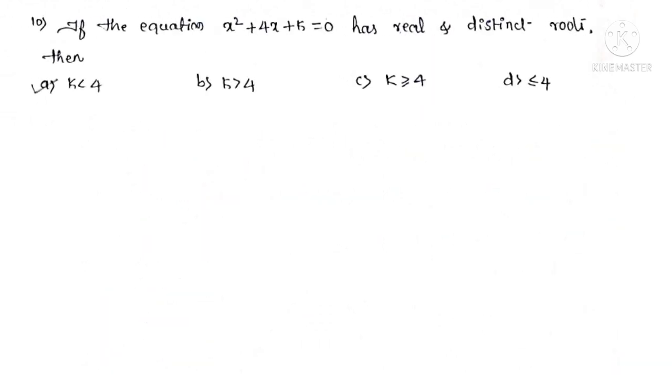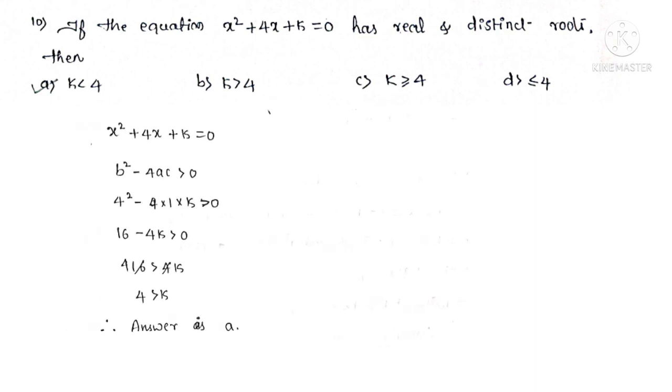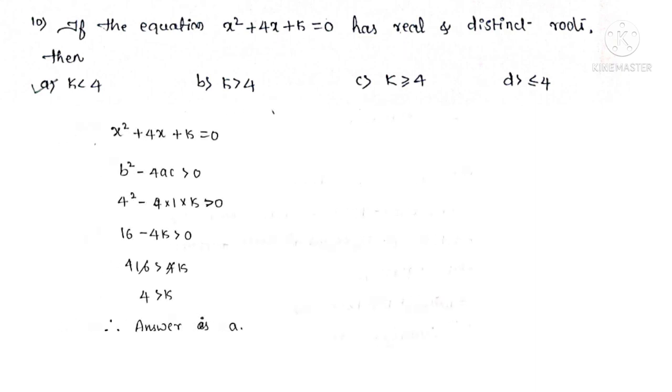Now consider the last problem. If the equation x square plus 4x plus k is equal to 0 has real and distinct roots, then, as I already said, this is based on the nature of roots, therefore you should consider discriminant. Since the roots are real and distinct, the discriminant b square minus 4ac is greater than 0.